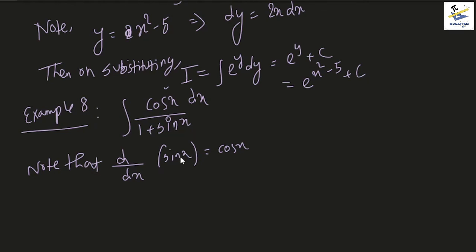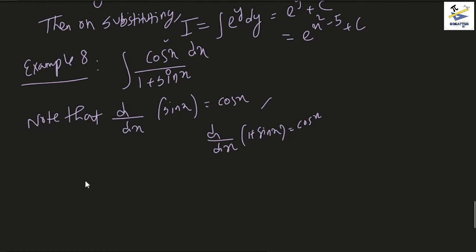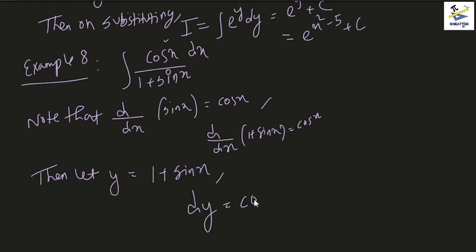So if the derivative of sine x is cos x, then the derivative of 1 plus sine x should also be cos x, right? So rather than going for the substitution y equals sine x, we can directly go for the substitution 1 plus sine x, then let y equal 1 plus sine x, and from that we get dy is equal to cosine of x dx.